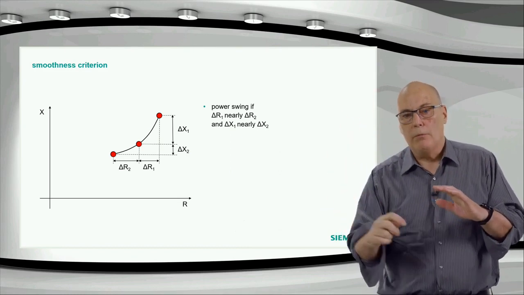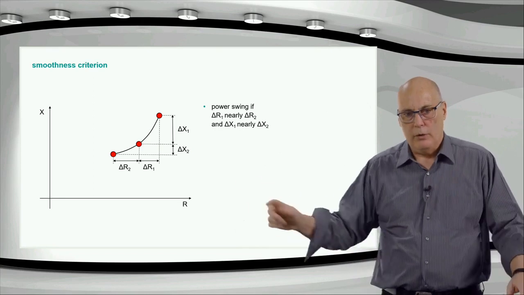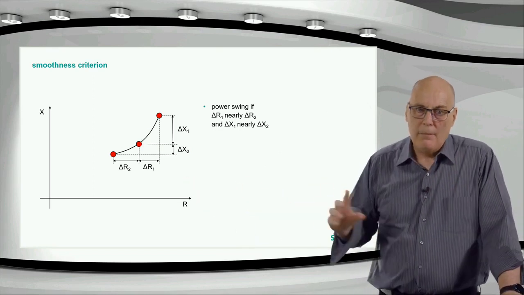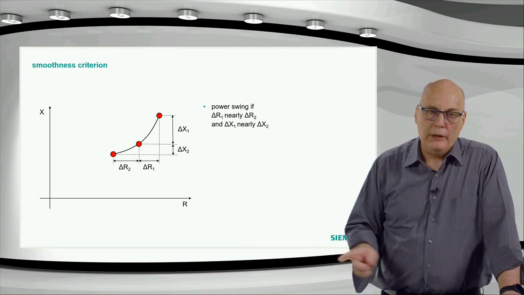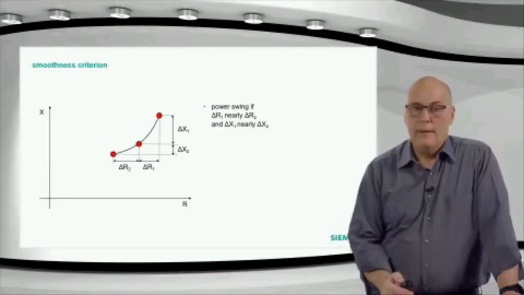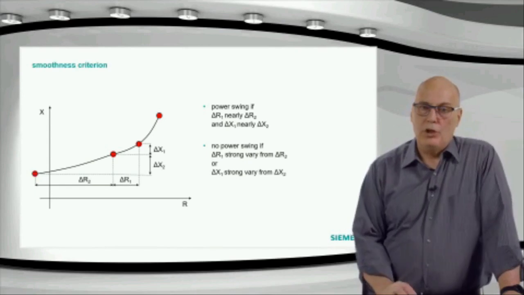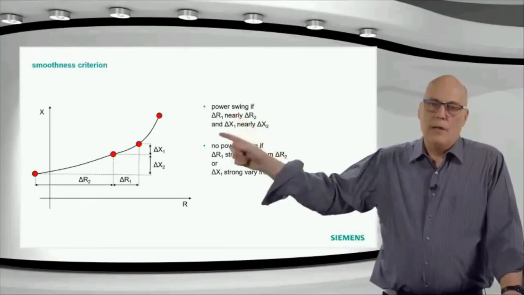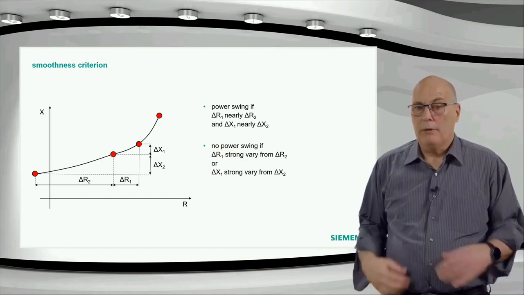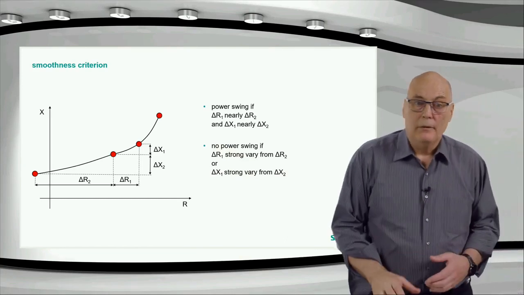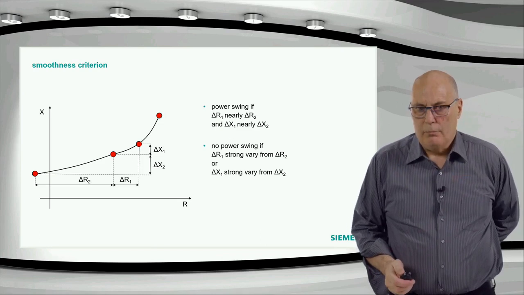When you come to the bottom, the movement slows down. So where it is interesting for the relay, the power swing impedance trajectory movement is fairly constant, fairly slow, but it must be continuous. It cannot jump. It cannot be slow and then have all of a sudden a rapid jump like that. That is not possible. That would be a reset. The jump of the trajectory would be a reset criteria for power swing blocking.